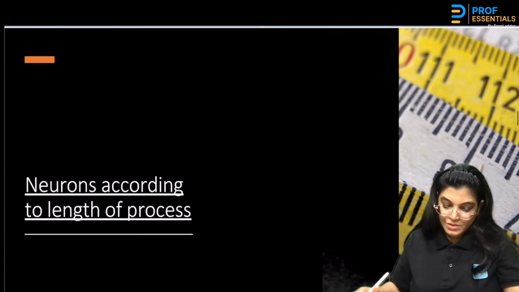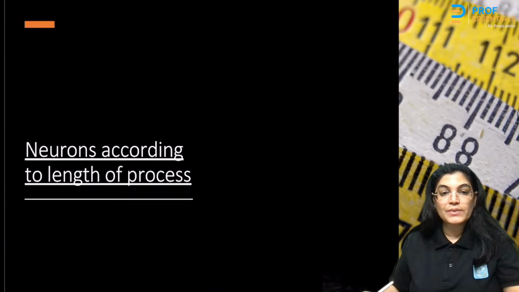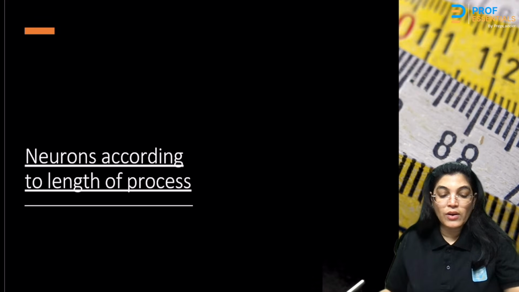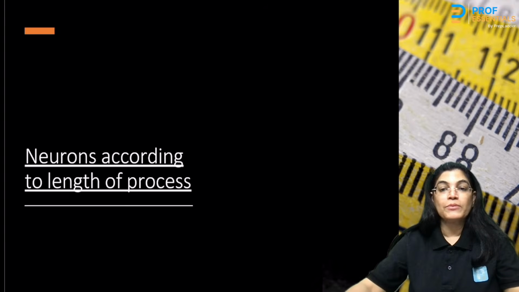Okay, now let's talk about the classification of neurons according to the length of processes. According to the length of process, mainly the axon, we can classify the neurons as the Golgi type 1 variety and Golgi type 2 variety.